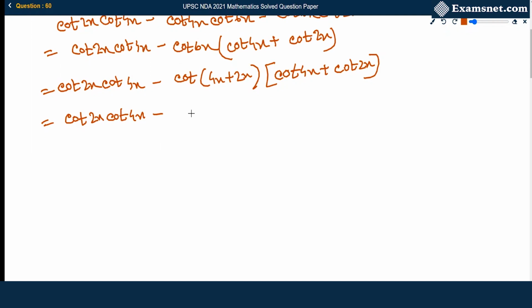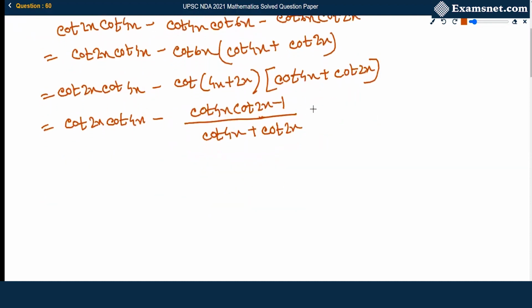We will use the formula, cot A cot B minus 1 by cot 4x plus cot 2x, right? Okay, so both will get cancelled.